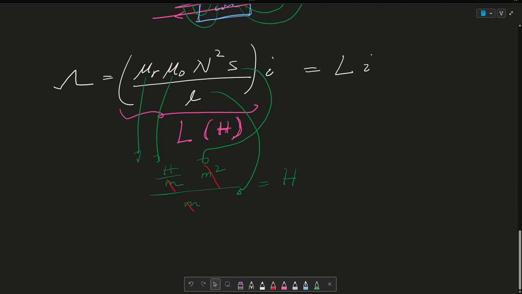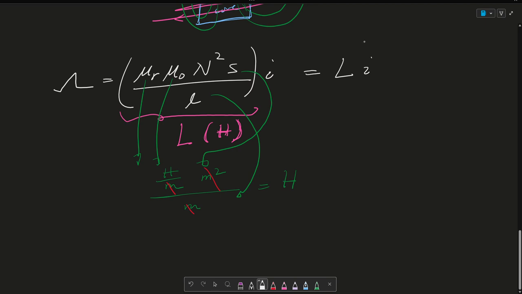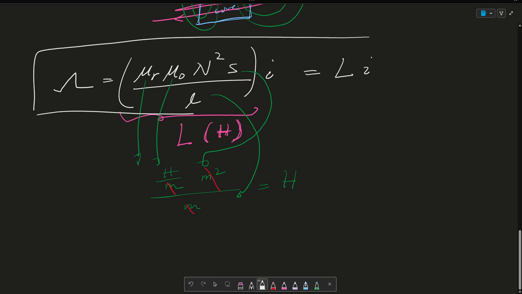All right, next what I want to do is I want to describe the magnetic flux linkage in terms of currents and voltages, right?